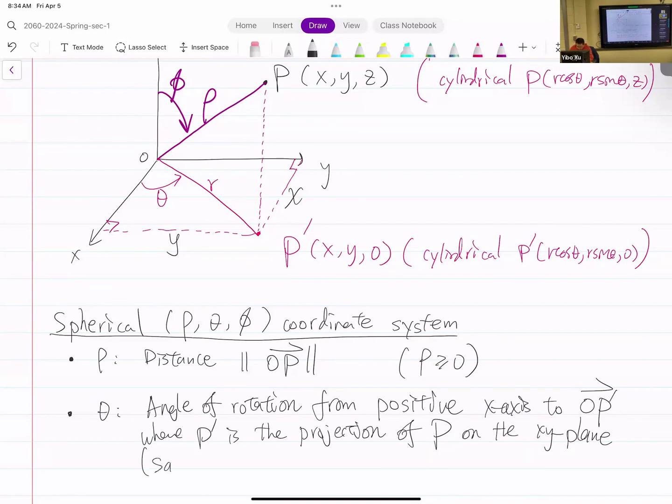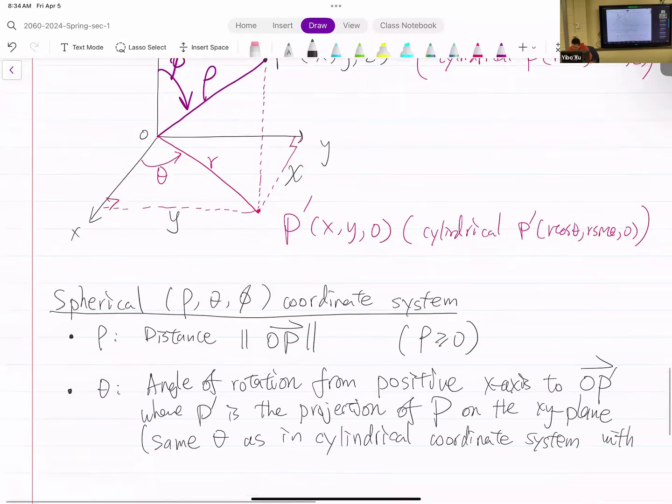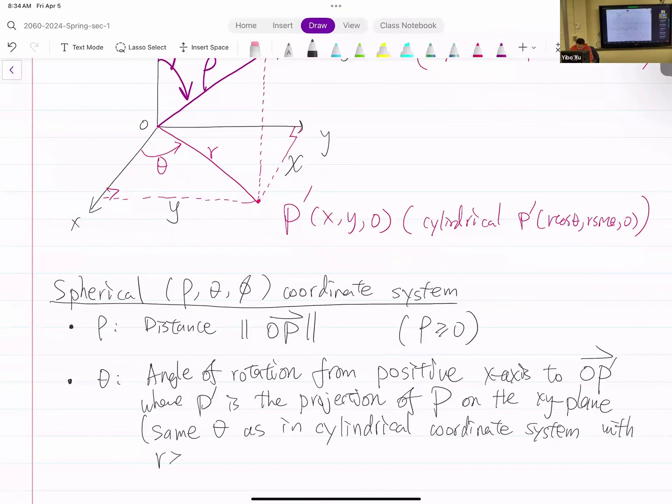So here, this is the same theta as in the cylindrical coordinate system. And also we specify that r in that system is non-negative and theta is within one period, so let's say between 0 and 2 pi.